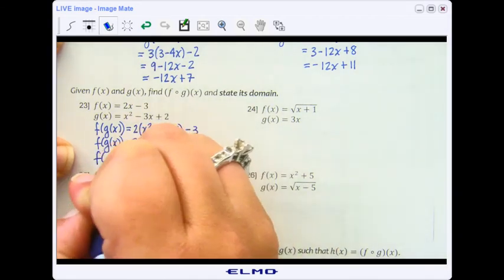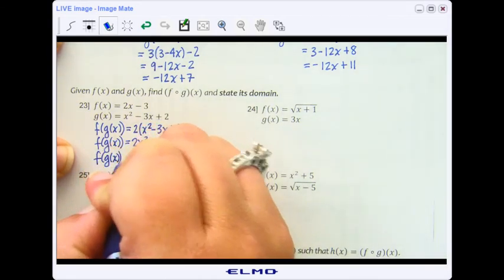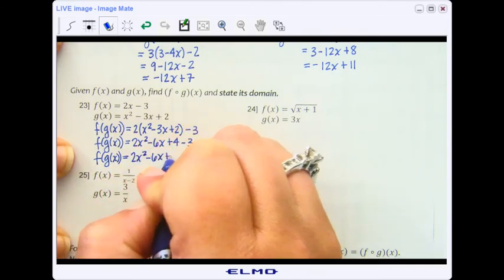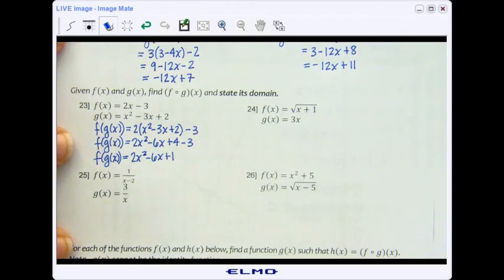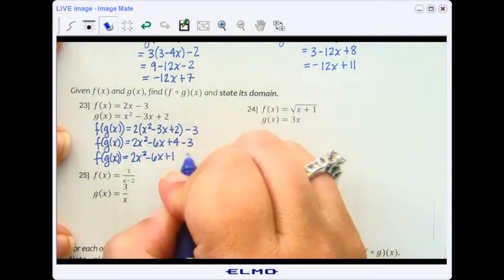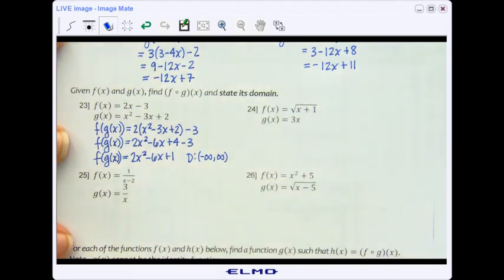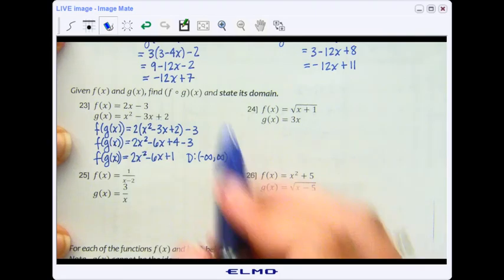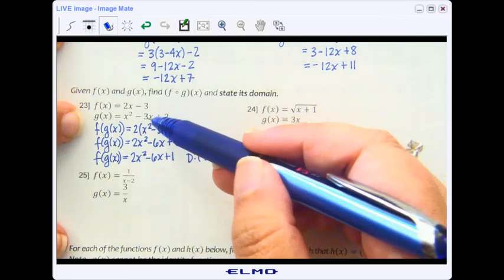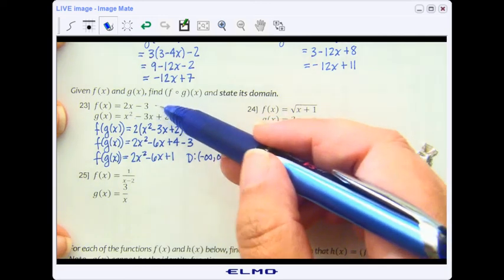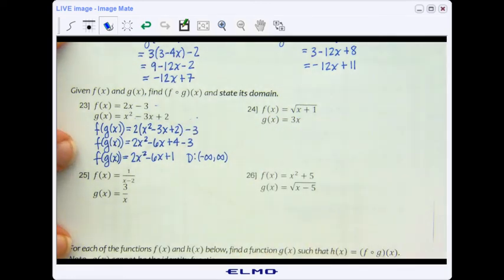And f of g of x is 2x squared minus 6x plus 1. The domain of this quadratic is going to be negative infinity to positive infinity, because the domain of the input function is infinite and the domain of the output function is also infinite.